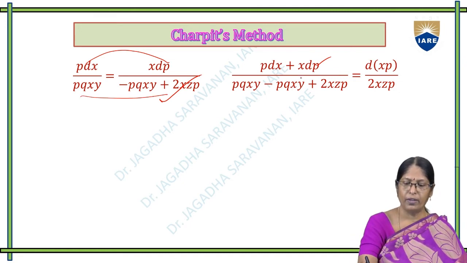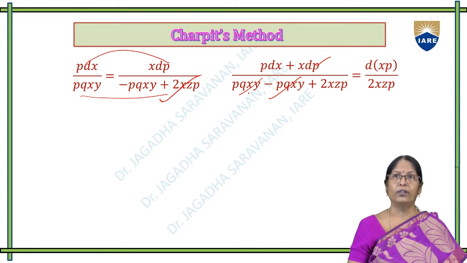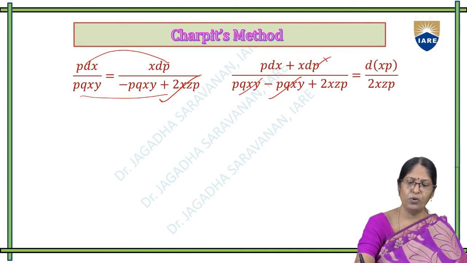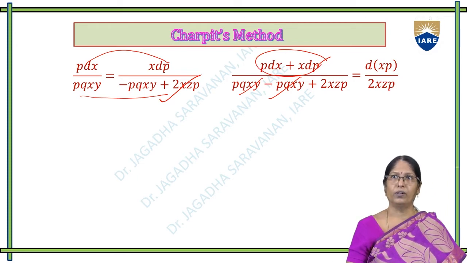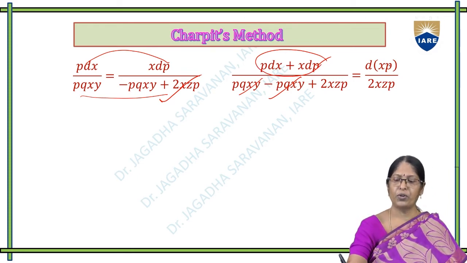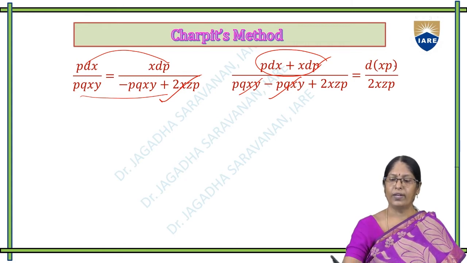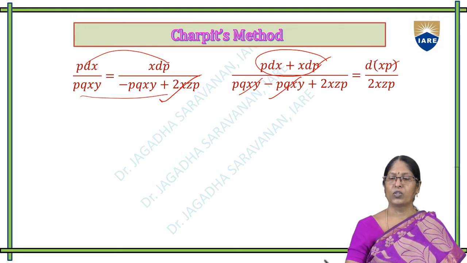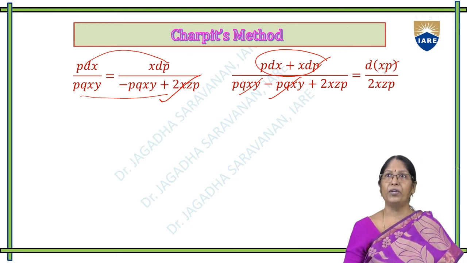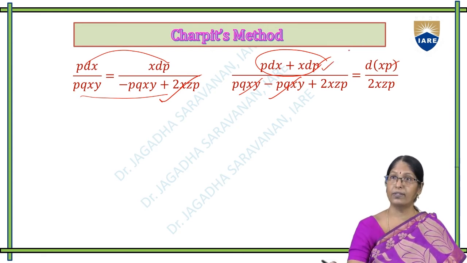After adding, in the denominator these two terms are getting cancelled, whereas the numerator part, using the UV formula, is the differentiation of xp. That is, it's nothing but x dp plus p dx. So in short form, we can write d of xp. We are expanding, and we get this result.